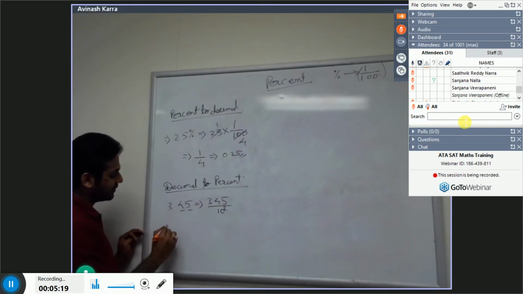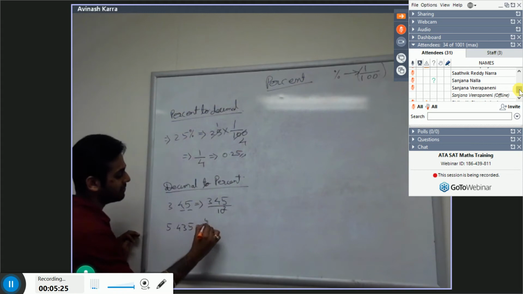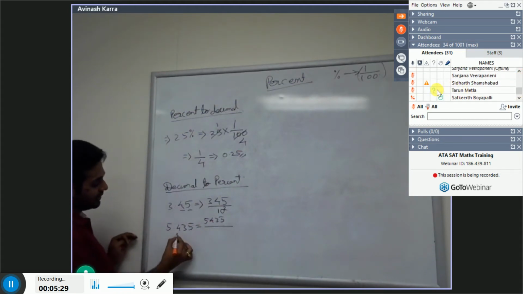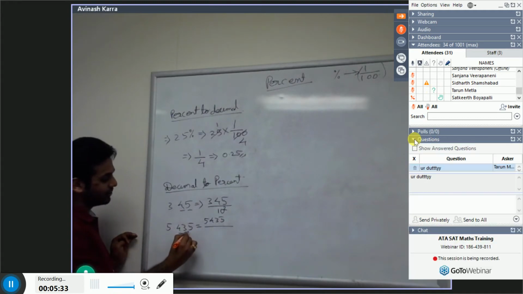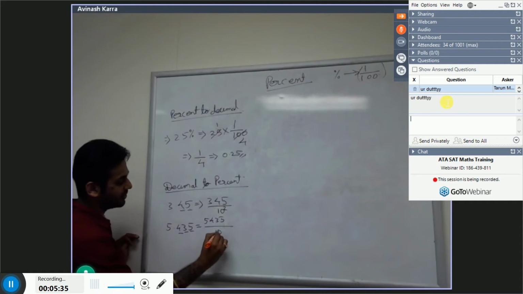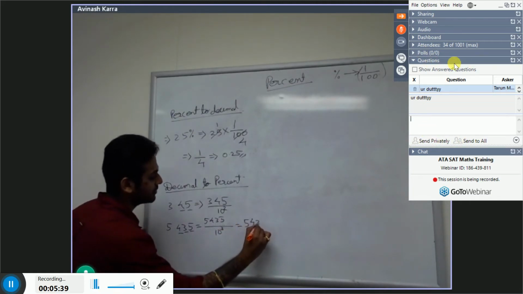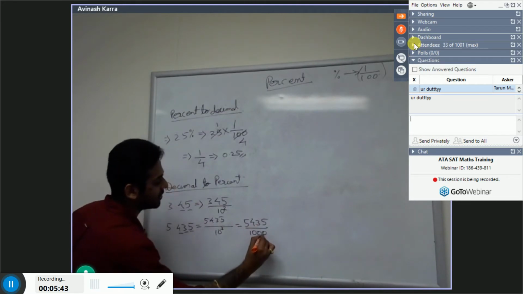For example, if you have 5.435, when you remove the decimal, it becomes 5435 divided by, how many digits are there after the decimal towards your right hand side? 1, 2, 3. It becomes 10 power 3, which means 5435 divided by 1000.